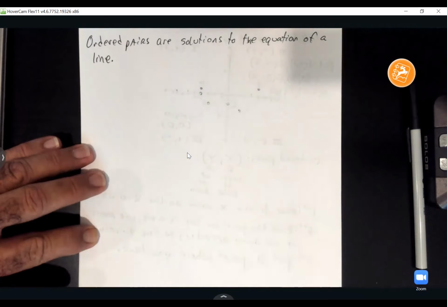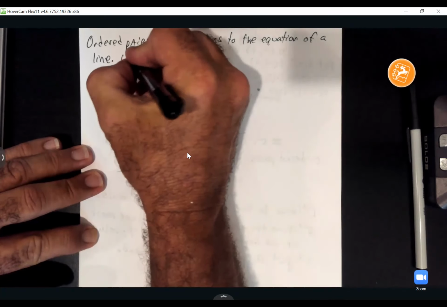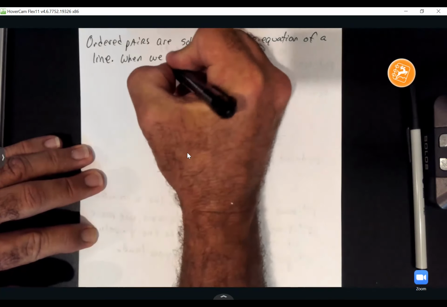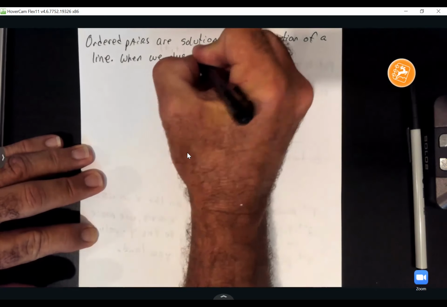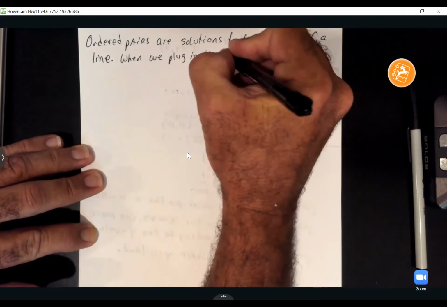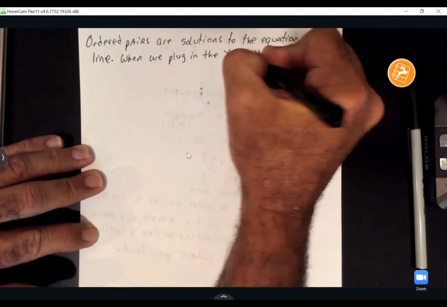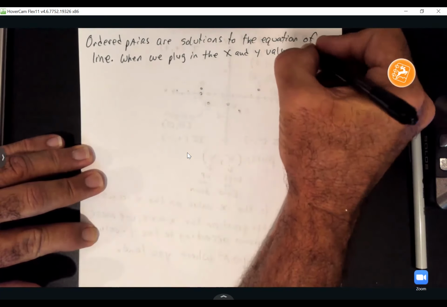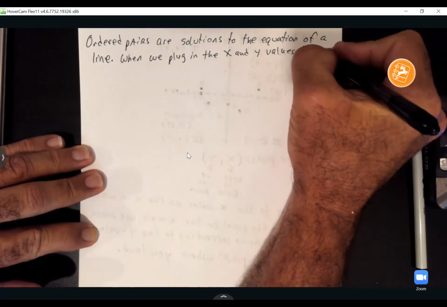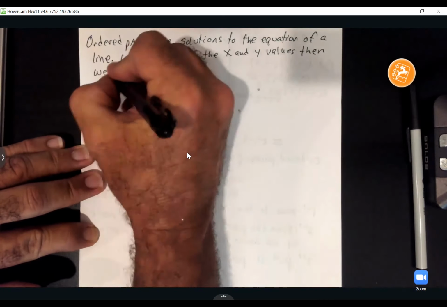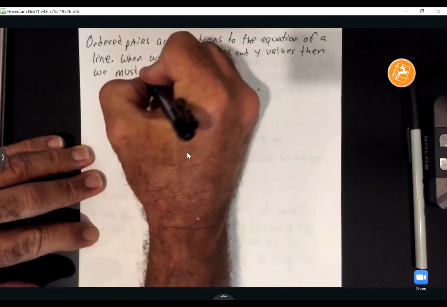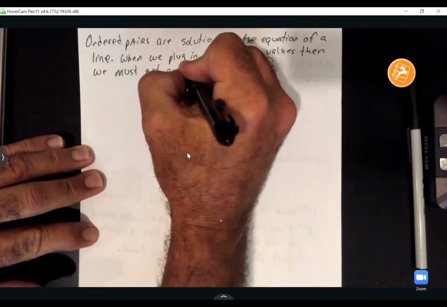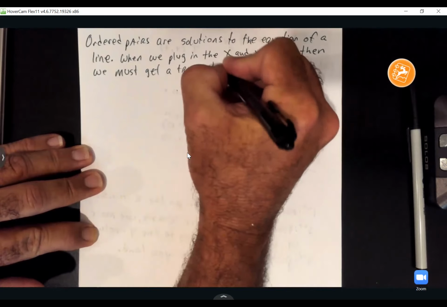So what that means, when we plug in the X and Y values, then we must get a true statement.